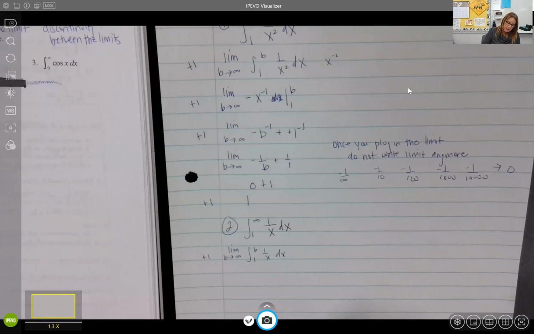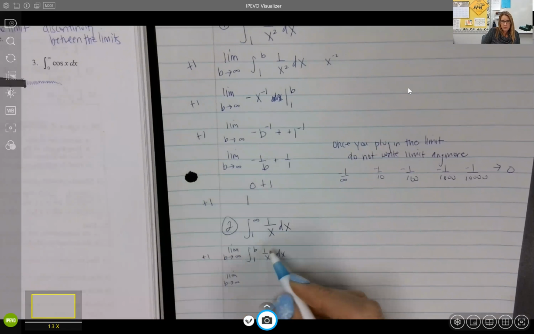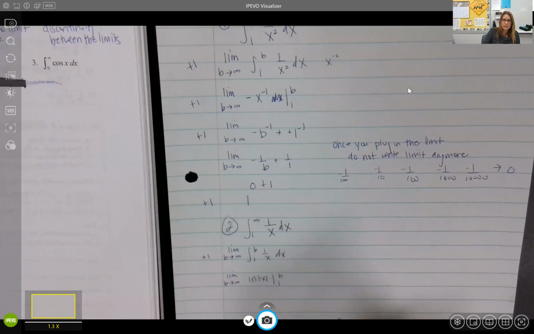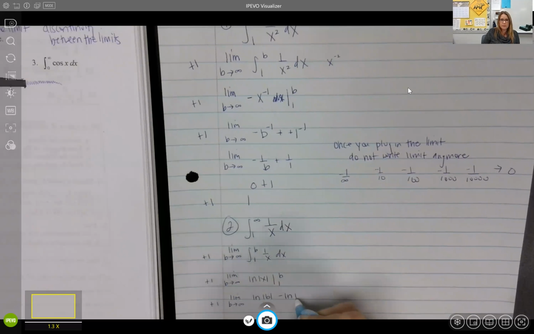Now our second step, we're still going to have our limit. But I'm taking the integral of 1 over x, which is the natural log of x, evaluated from 1 to b. Okay? Now I'm going to plug in b, still writing the limit, natural log of b minus the natural log of 1.